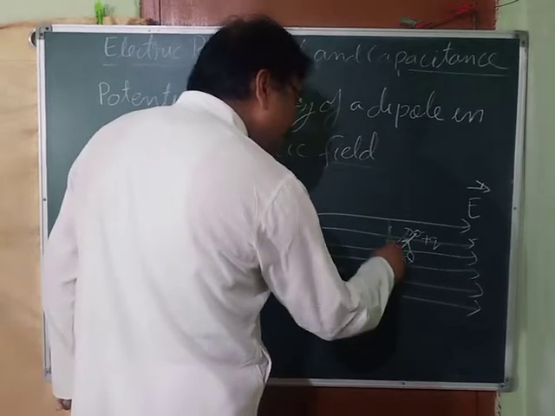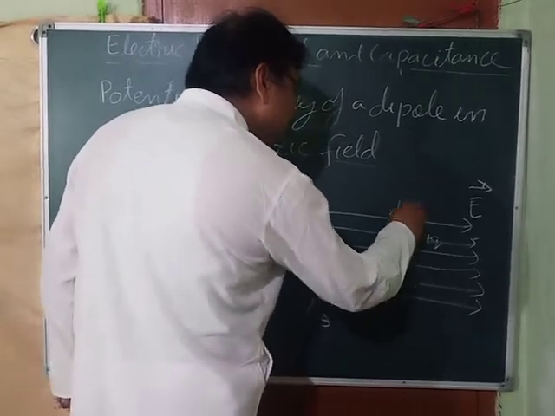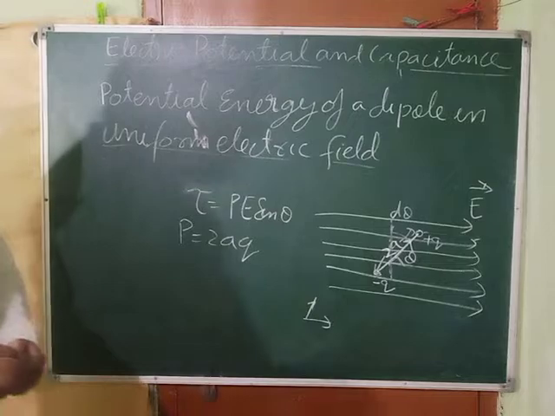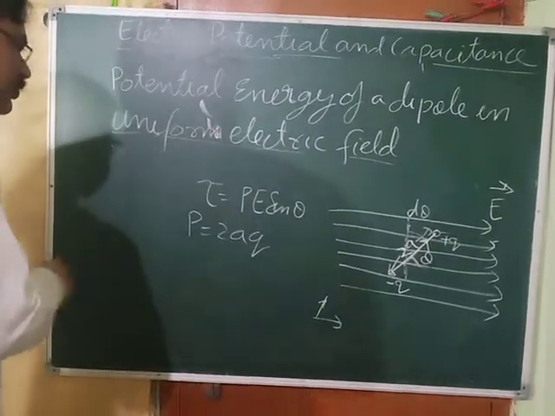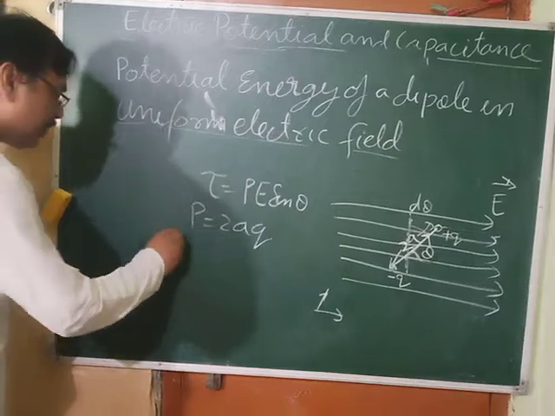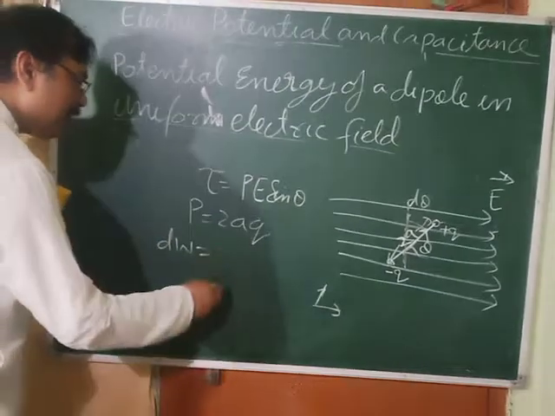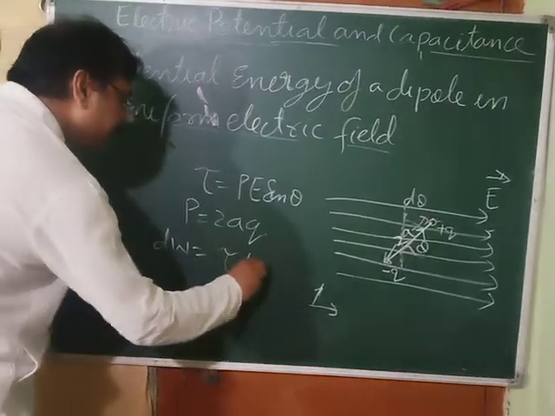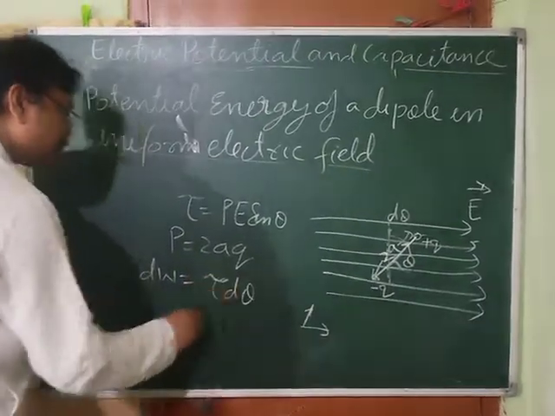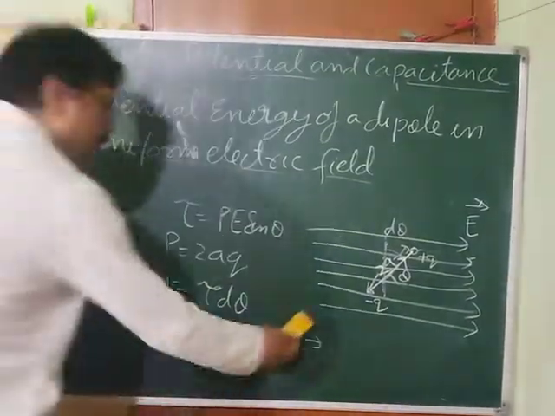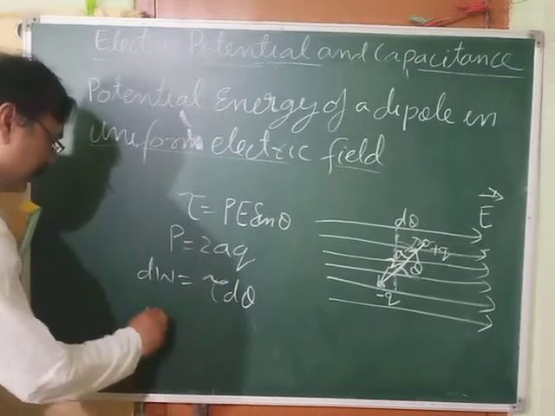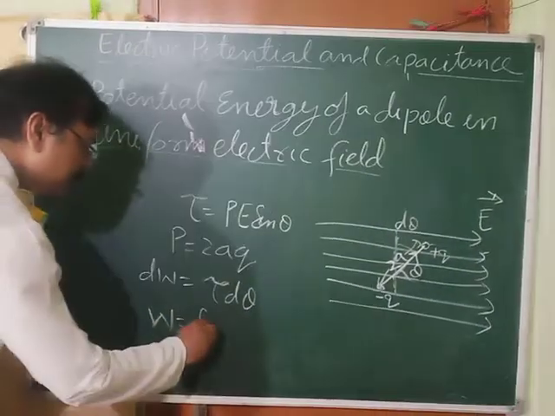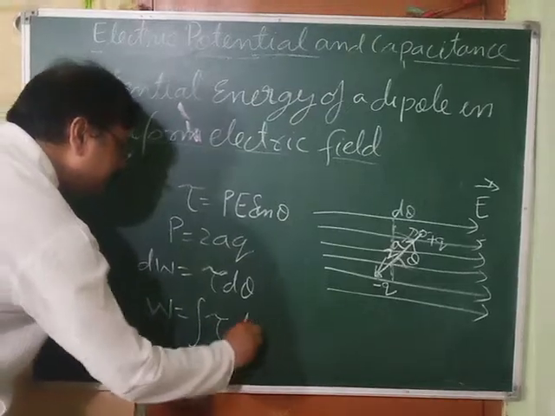Now suppose we rotate it by a small angle, that is d theta. In rotating by angle d theta, how much work is done? Obviously the work done is dW equals tau d theta. If you want to find the total work done, W equals the integral of tau d theta.